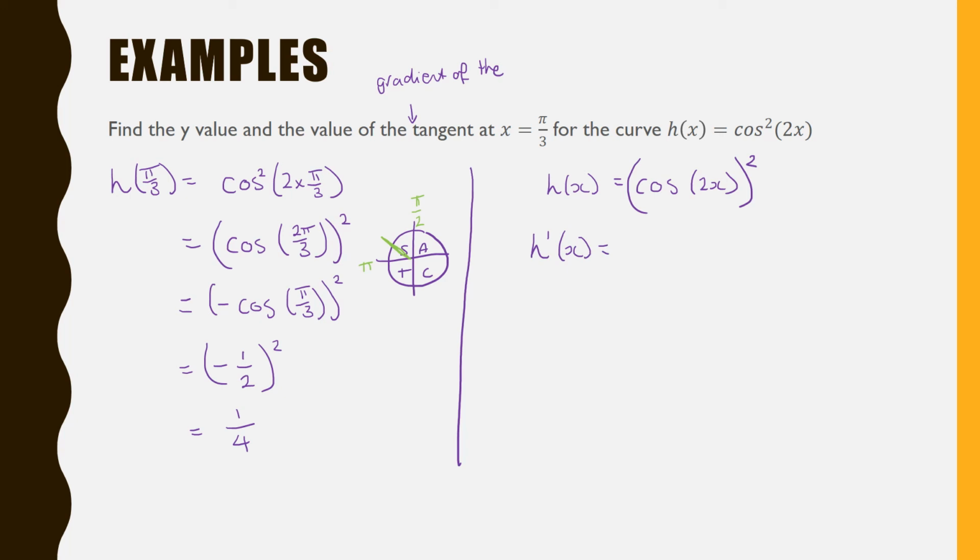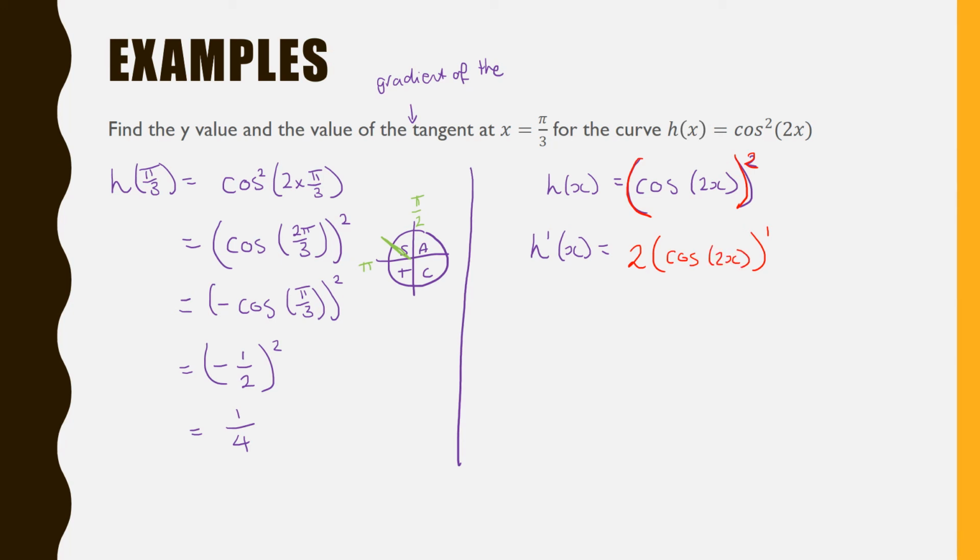Let me just make this a bit colourful to hopefully make it a bit clearer. The outside function is this part here, the squared part. What we do is we multiply by the power and we subtract 1 from the power. We leave whatever was inside exactly as is.